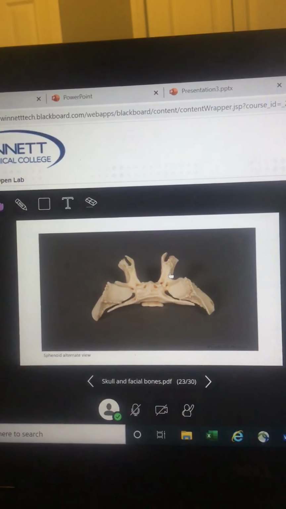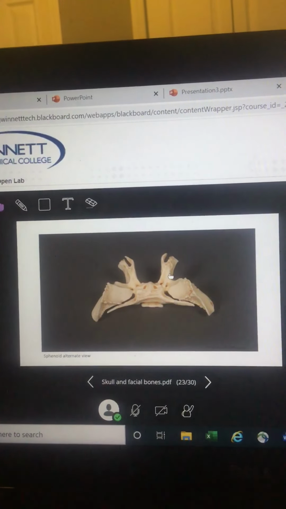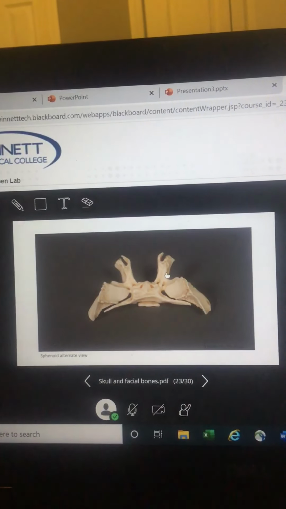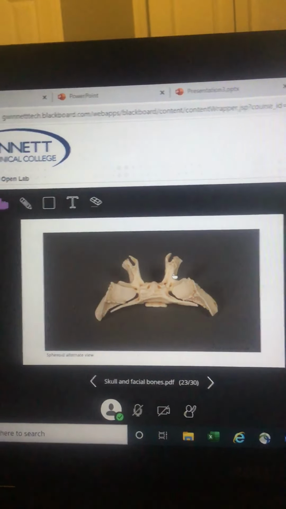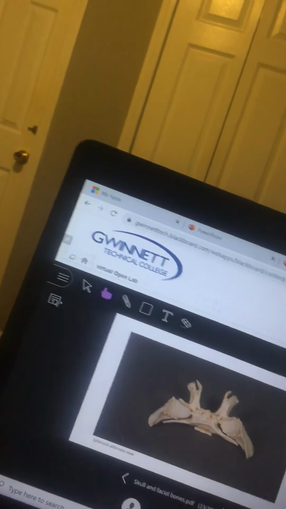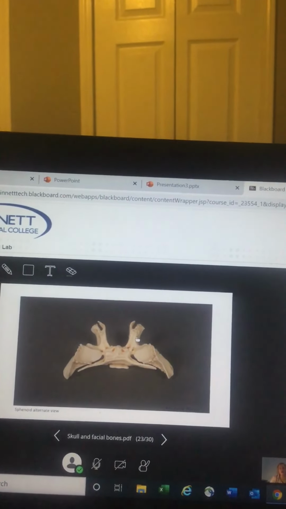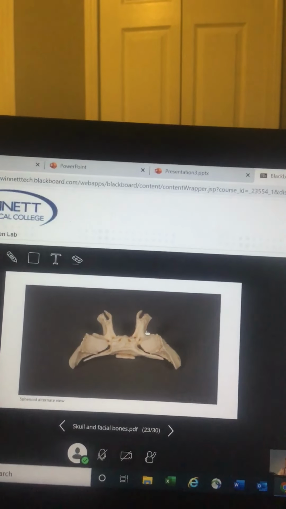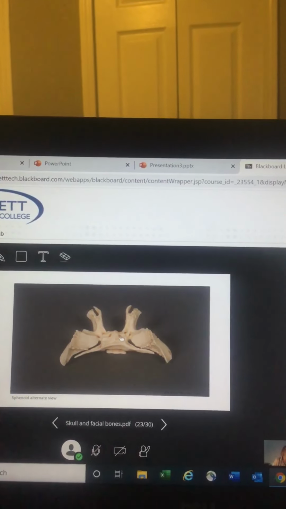It's on the sphenoid. It's got kind of like a dinosaur name. Okay, that's the pterygoid. That's going to be your pterygoid process. Okay, pterygoid process is in here. All right.